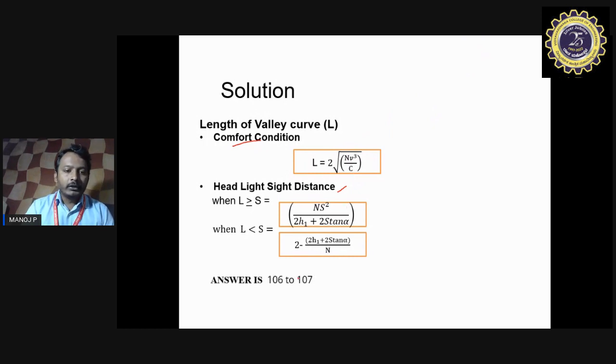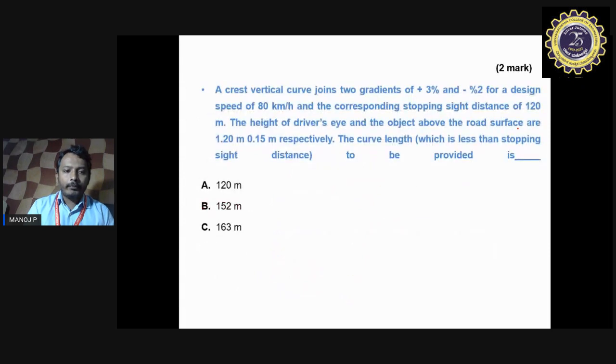Substitute the values, you will get the answer between 106 to 107. This will be your answer. Look here, they may ask you for a 2 marks or 3 marks direct question without giving you the option.